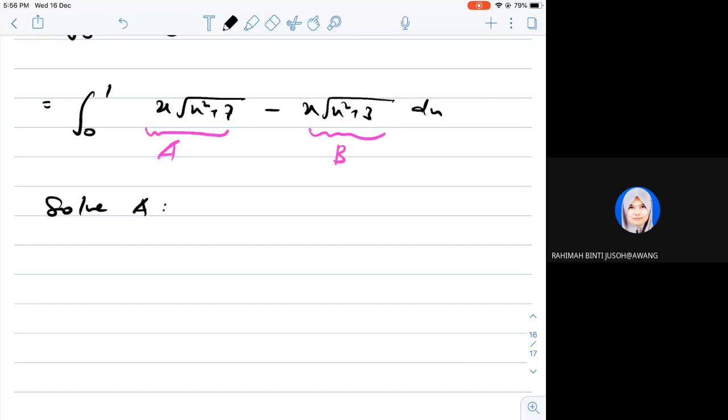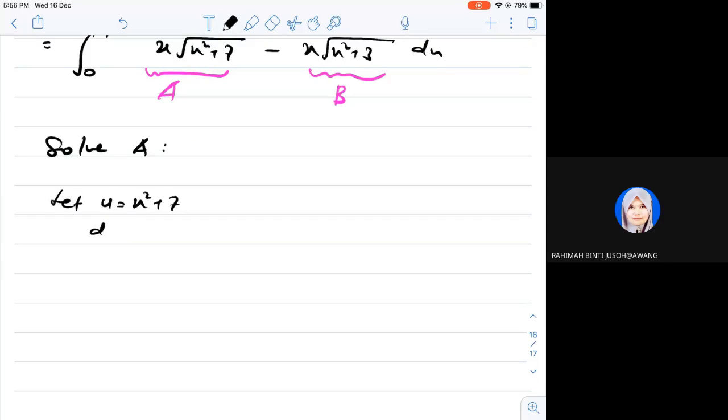Substitute once more. We let u equals x squared plus 7. Differentiate u, we get 2x dx, so dx becomes du over 2x.